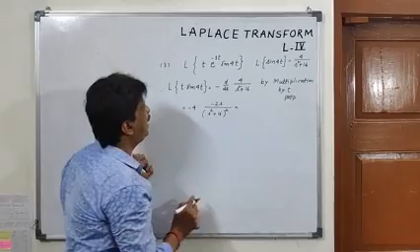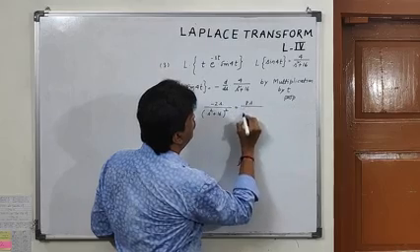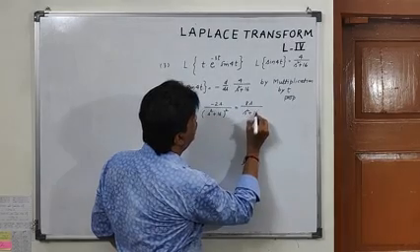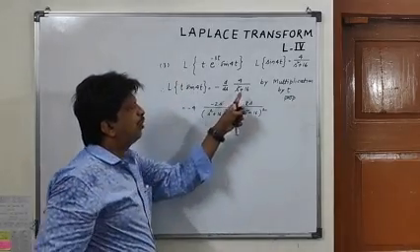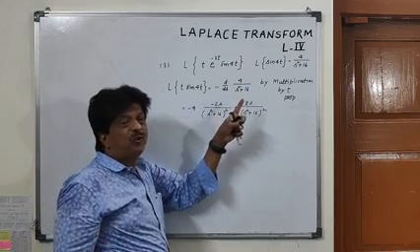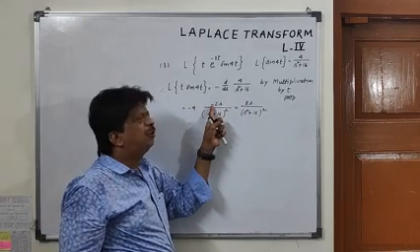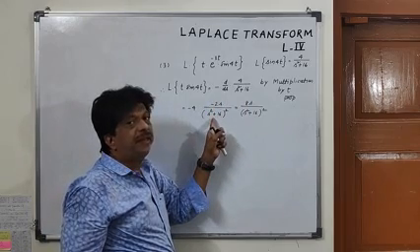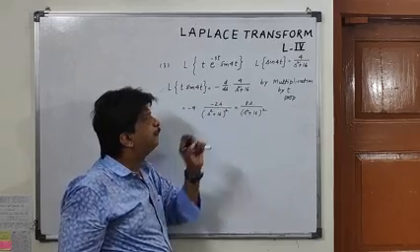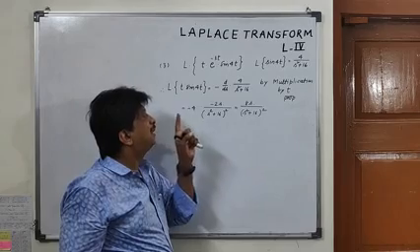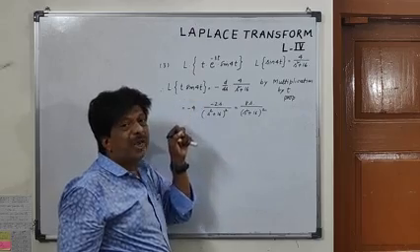So it is equal to 8s upon s square plus 16 whole square. This is s square plus 16 to power minus 1, so it is minus 1 into s square plus 16 to power minus 2 into the derivative of s square, which is 2s. So this is the Laplace transform of t into sine 4t.